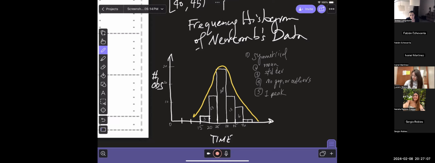So what's the difference here between this and the stem and leaf?